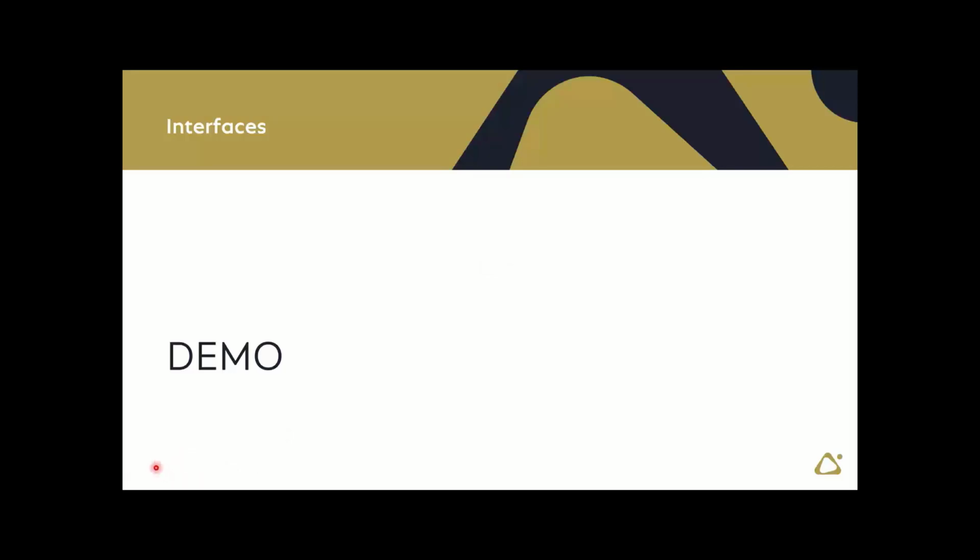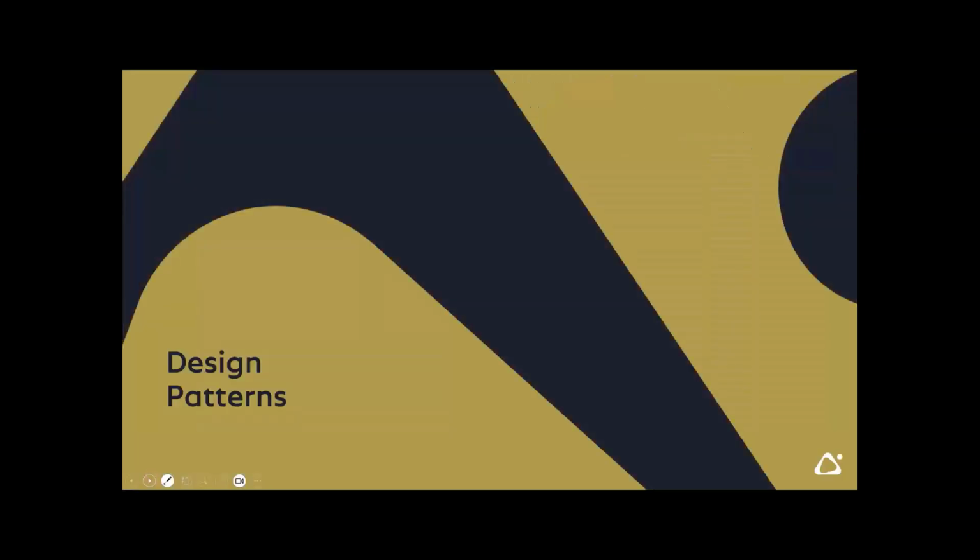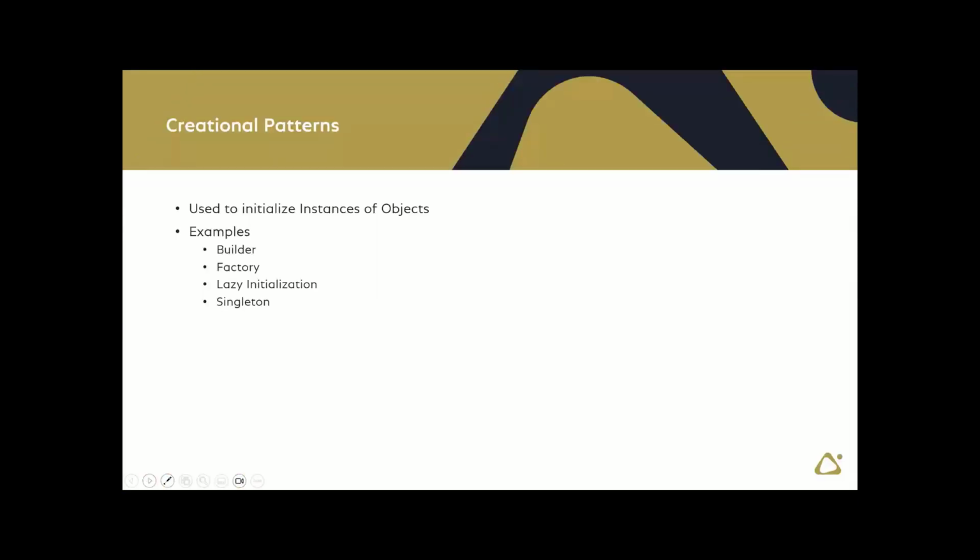So now we will go into implementations. We will today talk a little bit about design patterns. There are different types of design patterns. First of all, we have creational patterns. They are not so commonly used in AL. There are some examples where it might be useful: the builder, the factory, lazy initialization, and singleton.